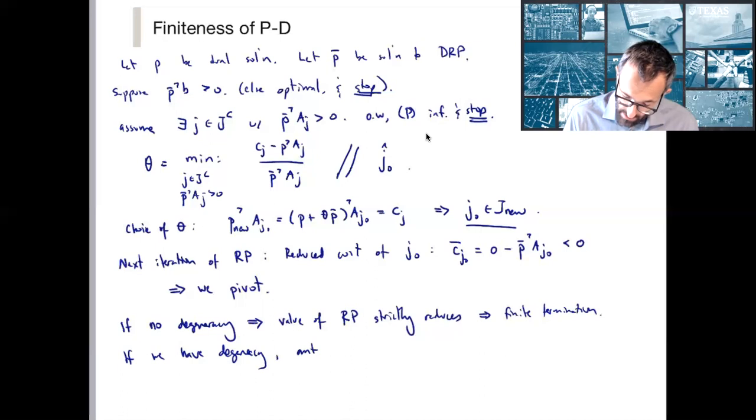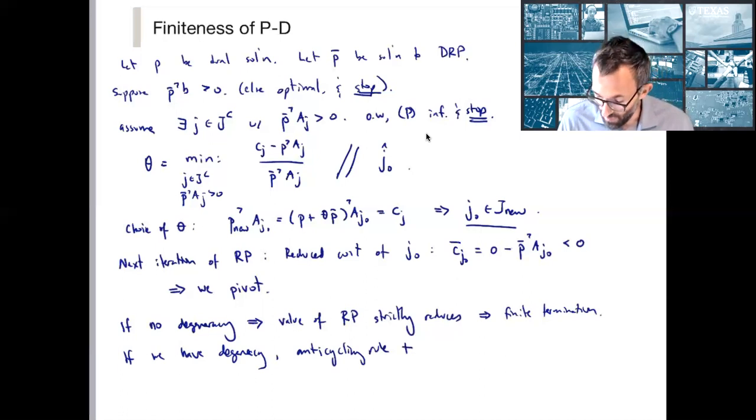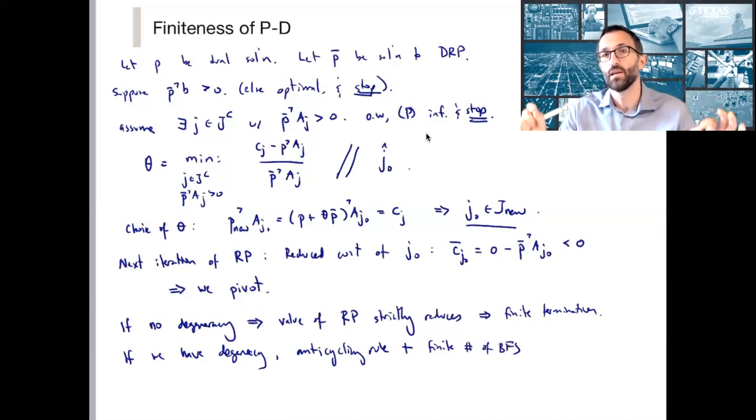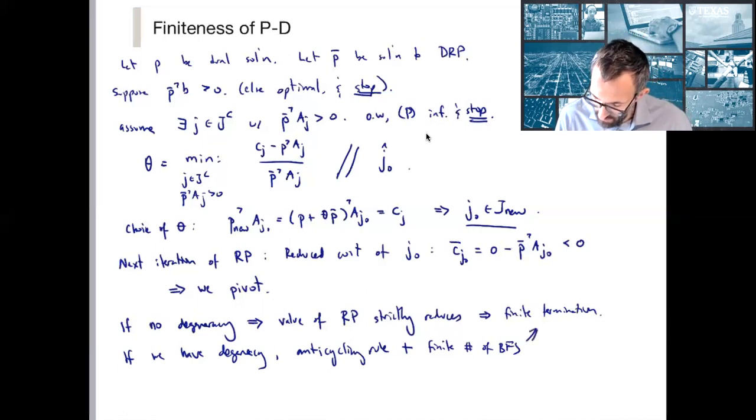So we may not improve the value, but if we have an anti-cycling rule, plus the fact that we have a finite number, possibly large, but still finite number of basic feasible solutions. Remember, two basic feasible solutions can correspond to the same geometric corner point. Again, this implies finite termination, and that is the result that we want.